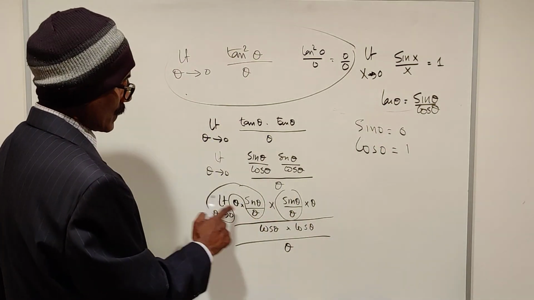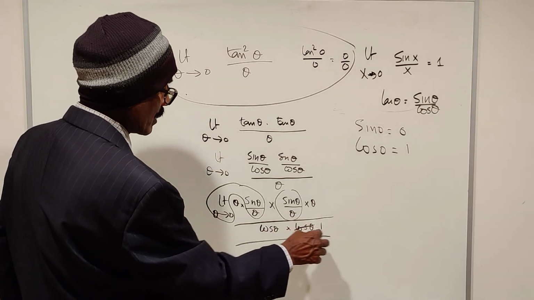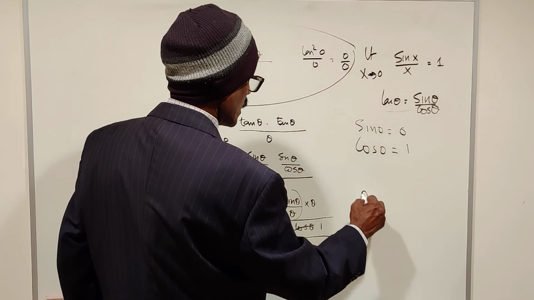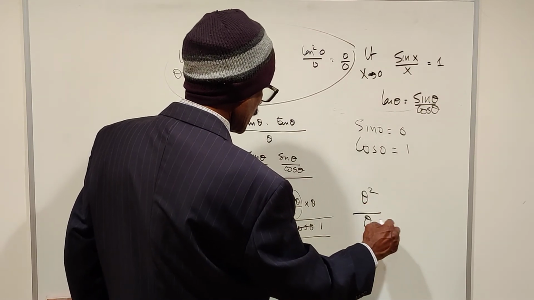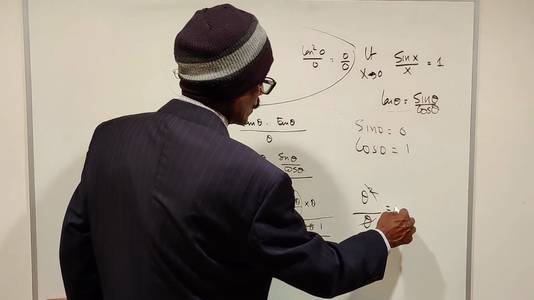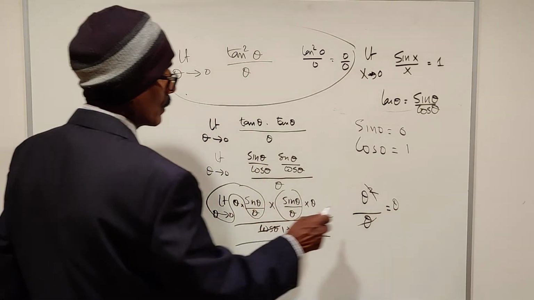This one becomes 1 and this one becomes 1. So theta square by theta, right? One theta you can cancel out. So theta, and when you apply theta equal to 0, you get 0.